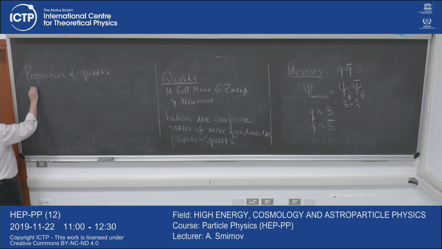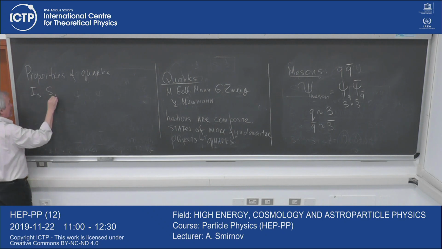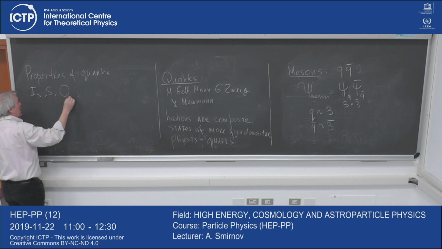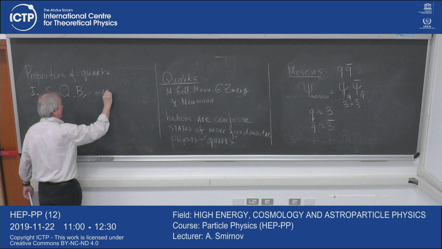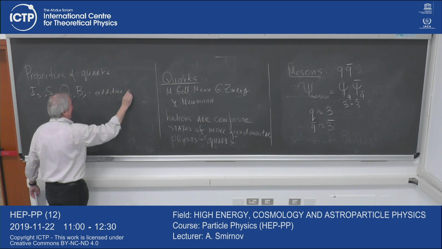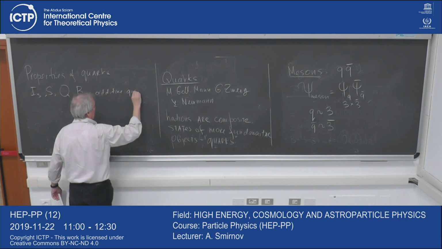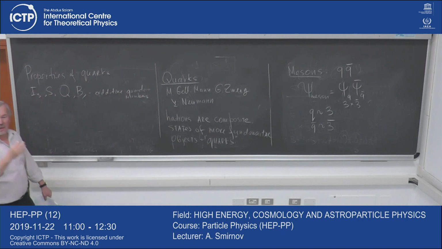So isospin, strangeness, electric charge, baryon number, all of them are additive quantum numbers. And using this, you can reconstruct what should be the properties of quarks, knowing the properties of mesons and baryons they are made of. And we will have an exercise to do this.